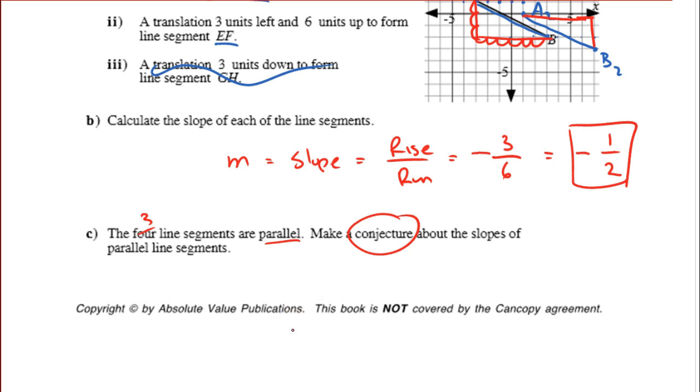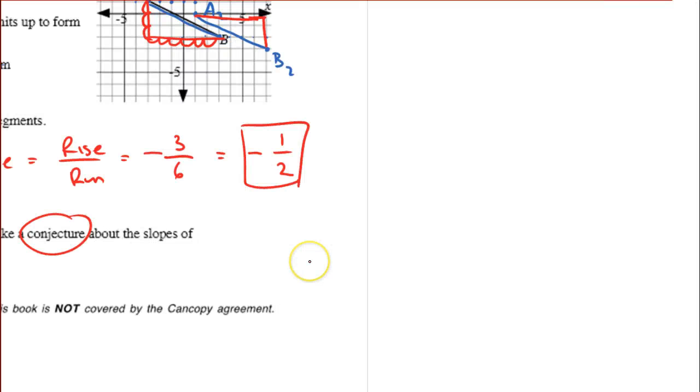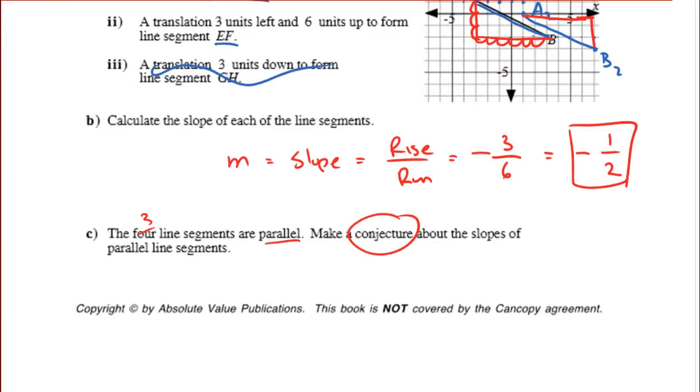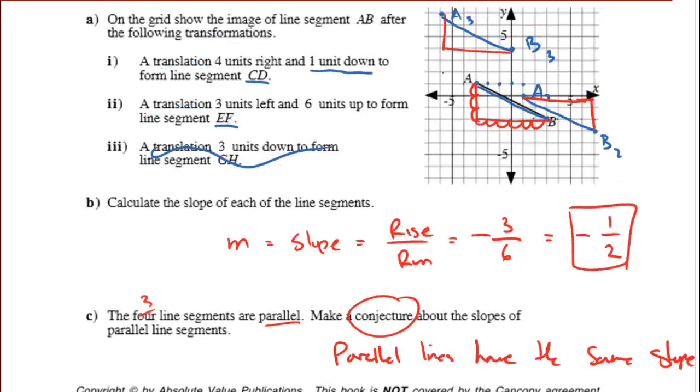Well, the point here, or I should say a rule, is that parallel lines have the same slope. Okay, that one's pretty straightforward. That makes sense intuitively, obviously.